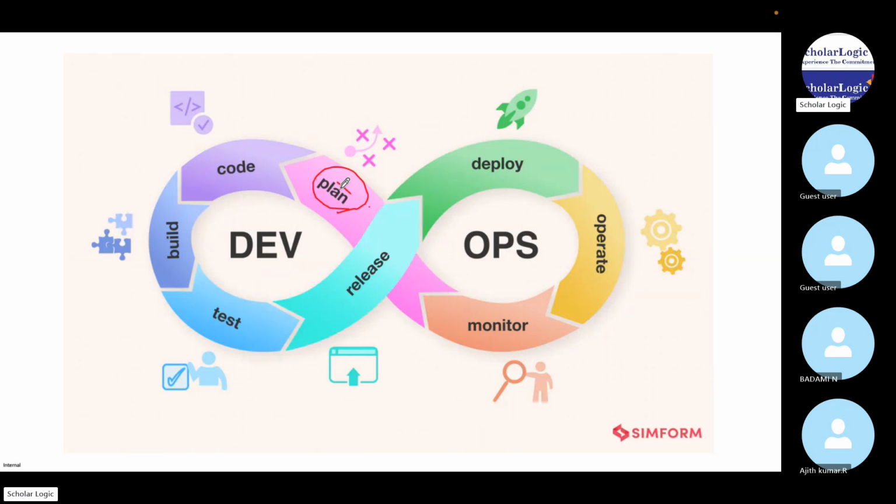What are the different build tools we are going to use? All of that will be created in the plan, and tasks will be assigned to each individual in the team.